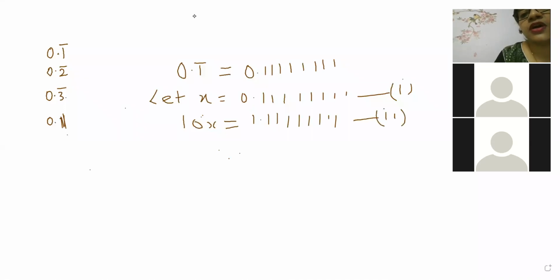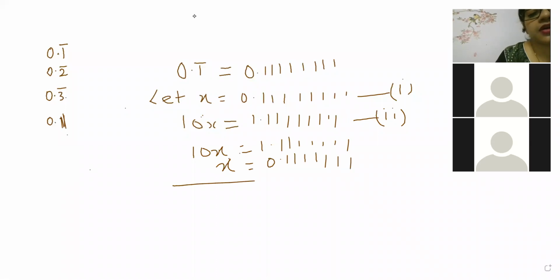Equation 2, subtracting equation 1 from equation 2: 10 minus 1 will become 9x. Here all the 1s will get cancelled, so 1 will come. So x will become 1 by 9.